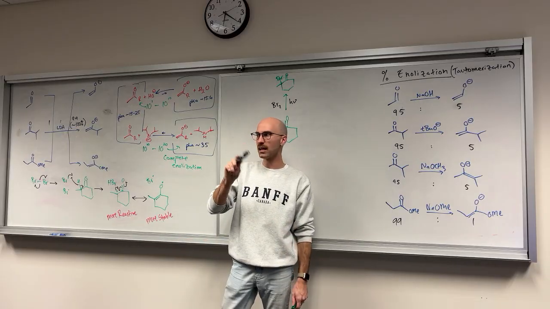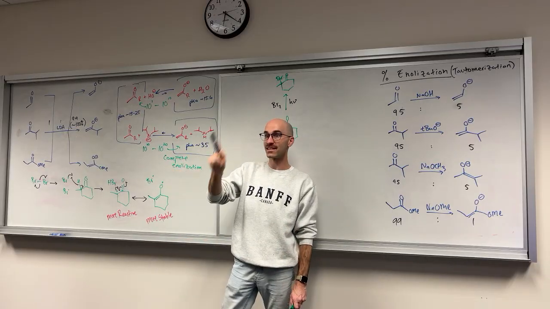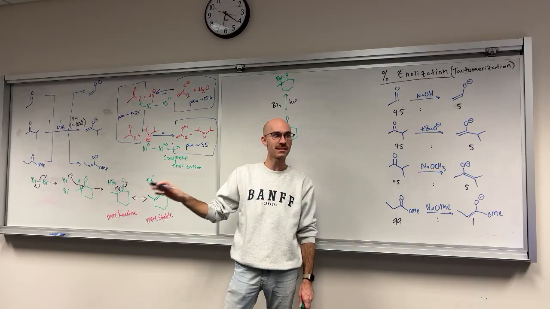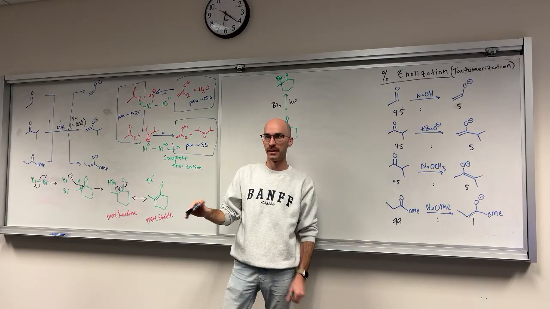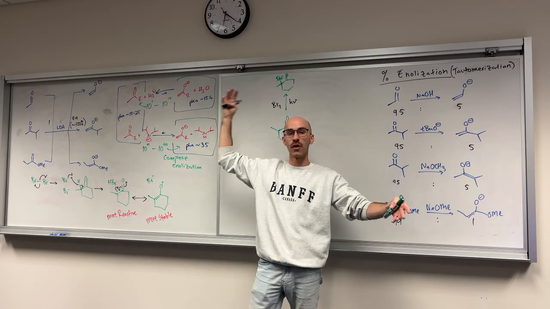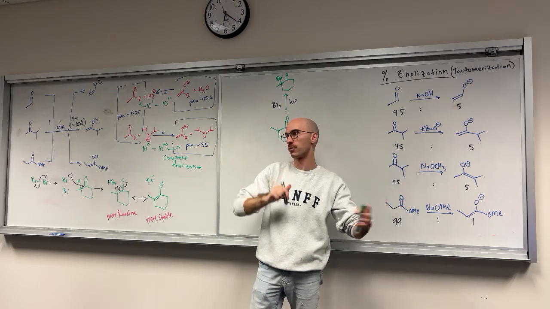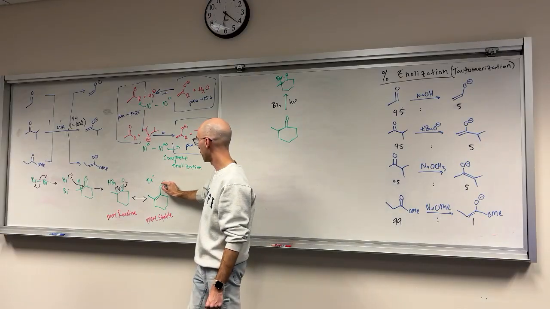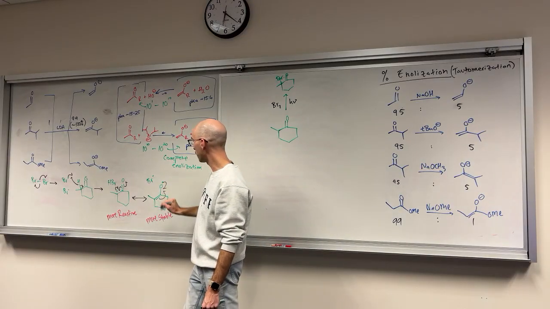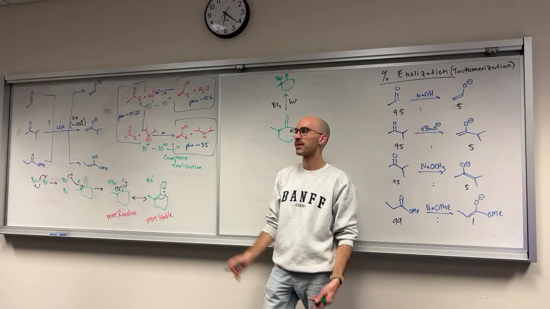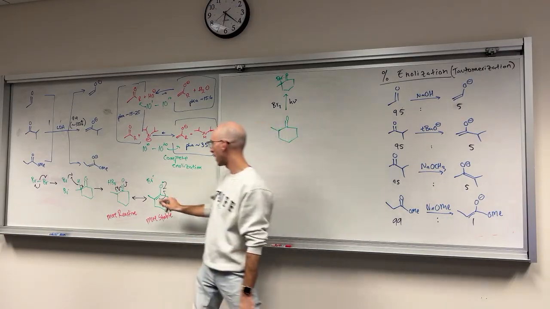But remember, any resonance form is the same exact structure. So any step of a chemical reaction that's happening next can be shown from any of the resonance forms that exist. So from this resonance form, I will reform my CO pi bond, and then I will have a termination step.